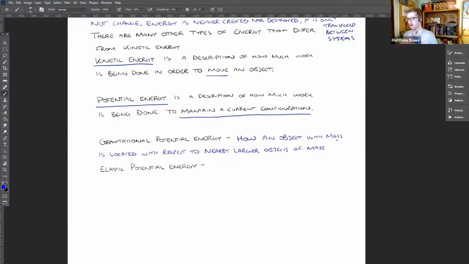Same thing does happen here on Earth. I am gravitationally attracted to stuff on my desk. You guys are gravitationally attracted to stuff in your room. It's just that the largest thing with mass that we're all near is the Earth, and the Earth is so much larger than my charger on my desk that I don't experience this gravitational pull from this tiny thing of mass.